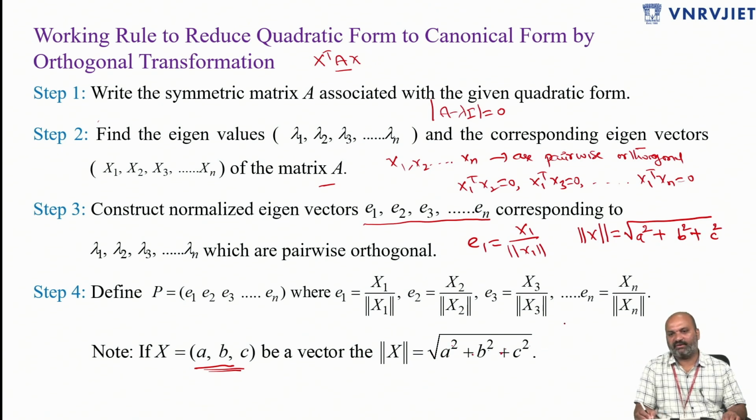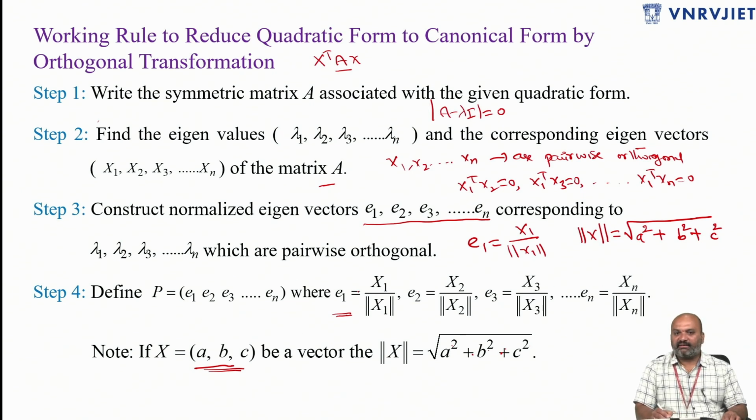To normalize a vector, we divide it by its magnitude. Then you get the new vector, which is called the normalized eigenvector, denoted with E1. If you divide x1 by its magnitude, you get E1; x2 by its magnitude, E2, and so on.